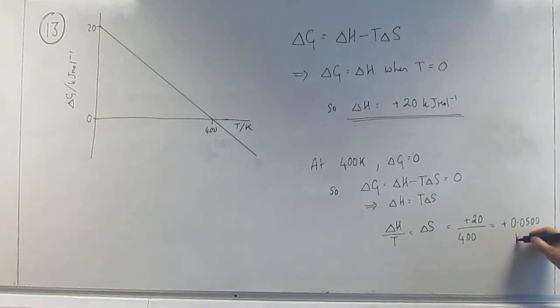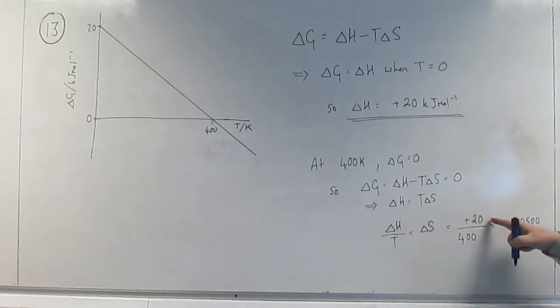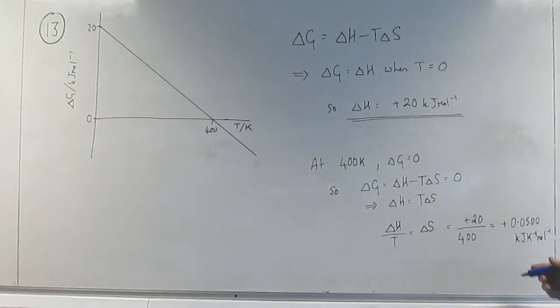And that will be kilojoules per Kelvin per mole, because the delta H was in kilojoules, so the entropy that we get out will be in kilojoules. And that would do fine as the answer, but if you wanted to turn it into the more normal units of joules per Kelvin per mole, you just multiply by 1000, which is equal to 50.0, so plus 50.0 joules per Kelvin per mole.